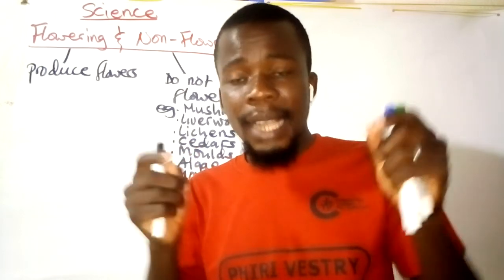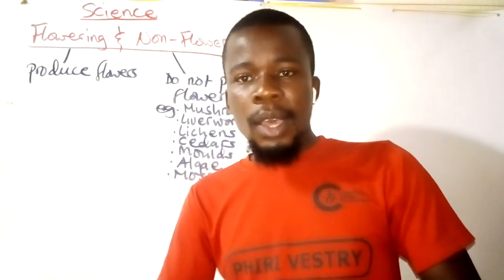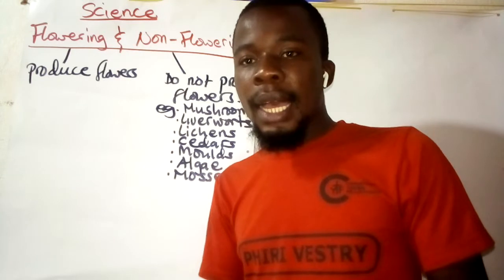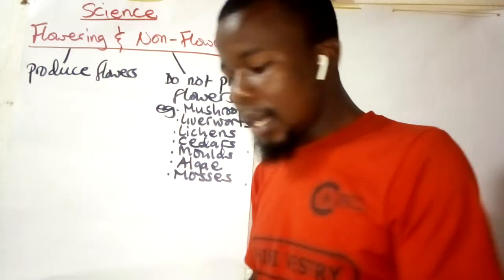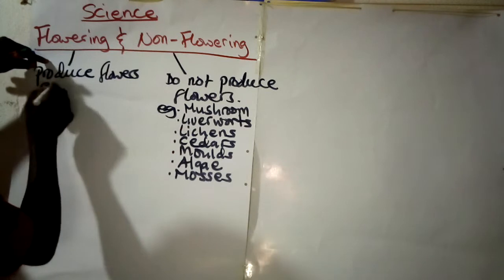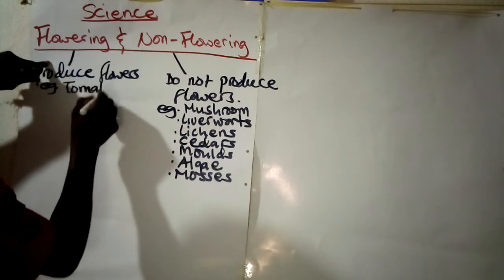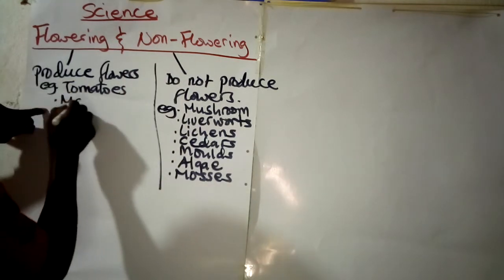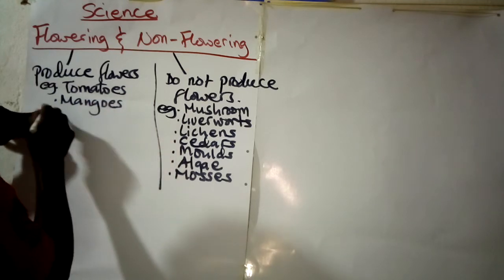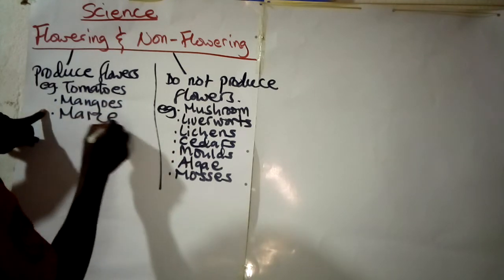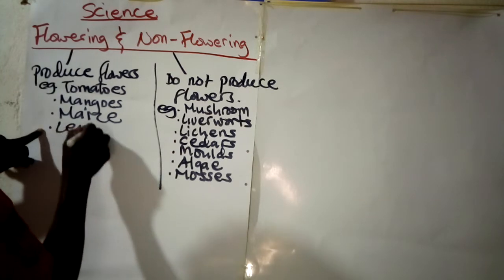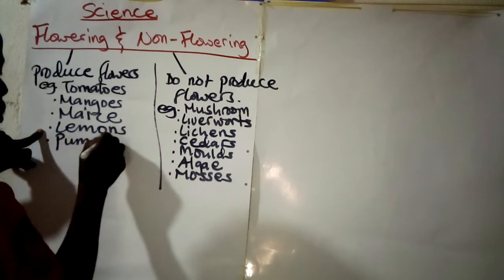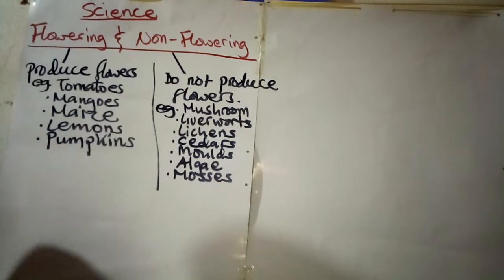The non-flowering plants are those plants which do not produce flowers, while the flowering plants are the plants which produce flowers. And the examples of the flowering plants are tomatoes. So we can talk of tomatoes, mangoes, maize, lemons, pumpkins, and so many others.